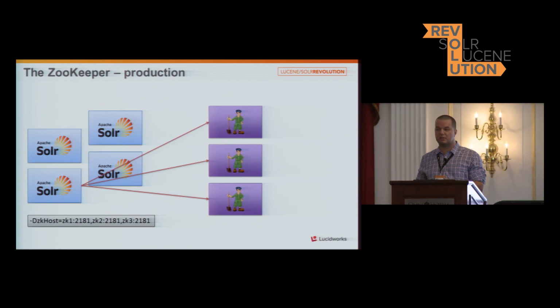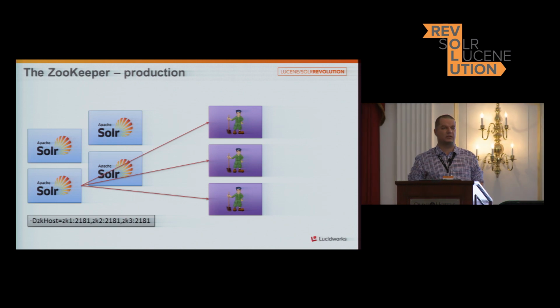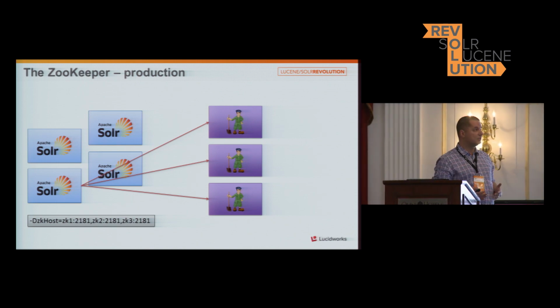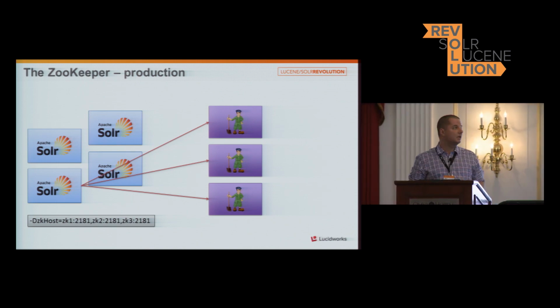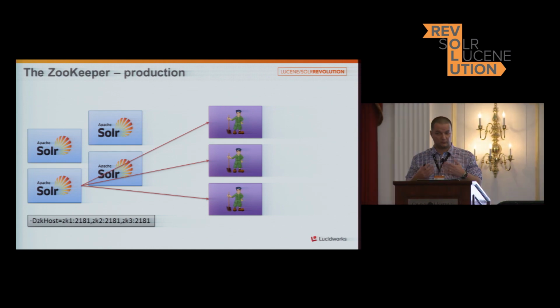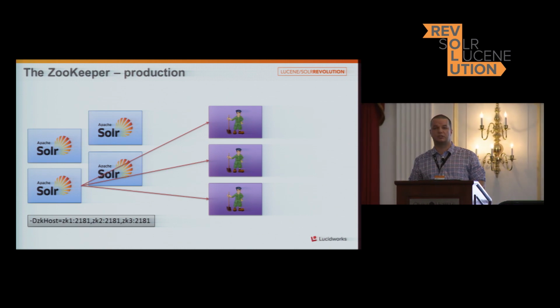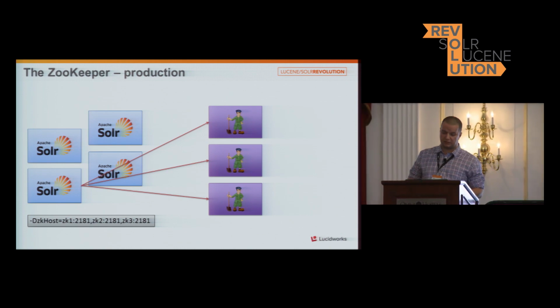For that cluster, 3 was enough. So even with a single Zookeeper being down, we still were able to handle that, and Solr was still properly operating. And the same goes with Solr. Even if some nodes were down, we were still able to both index data and search the whole data corpus.